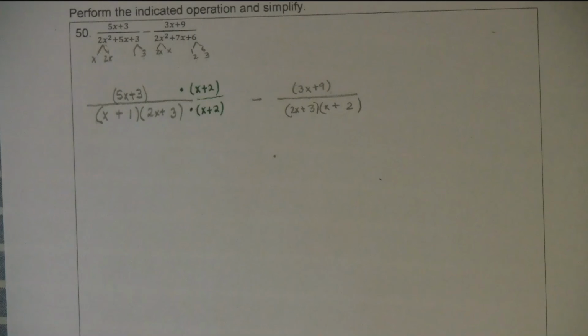So we're going to have here 5x squared plus 13x plus 6, and then I'm going to distribute this negative. So this is going to be minus 3x squared minus 12x, and then distributing minus 9.